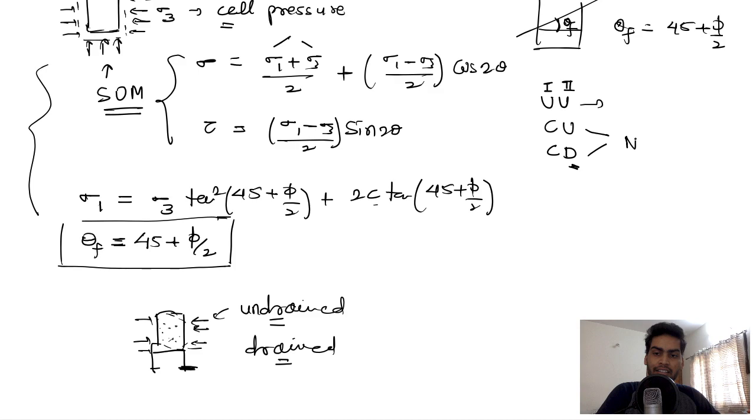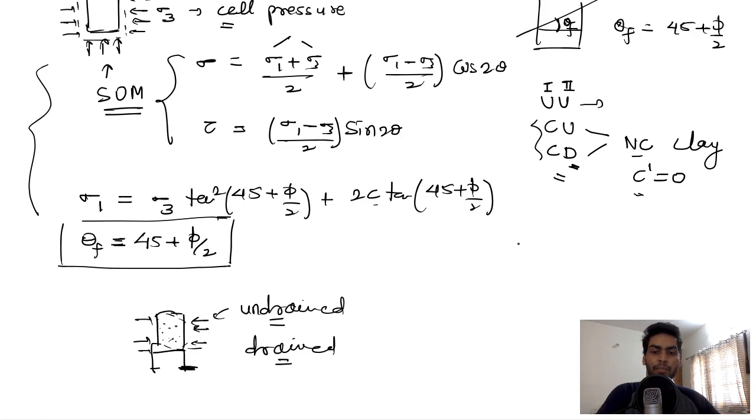Now based on that, the main thing to remember here is that for CU test and CD test, when these are conducted on normally consolidated clay, then the value of effective cohesion is seen as 0. So that is one thing that is normally used in questions when these are asked from this topic, that for normally consolidated clay, the effective cohesion is 0.